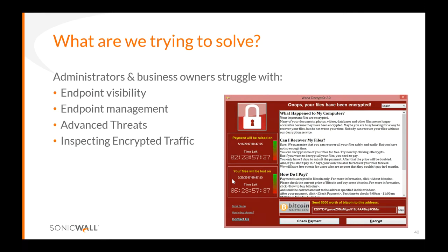So we already gave a brief introduction about the SonicWall endpoint security, email security, cloud app security, and secure mobile access. Now we will go into the details about the SonicWall Capture Client.